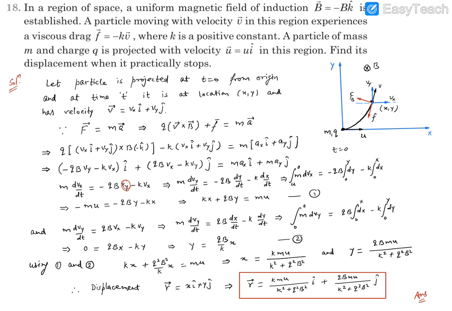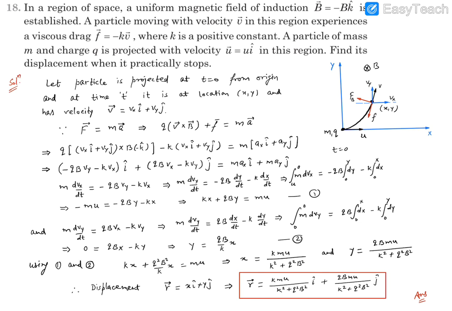Then you'll find dt can be cancelled out, and that becomes a differential equation, and then we can integrate both sides. When we integrate, we need to put the limits. The x direction velocity has to change from u to practically 0. The y component will run from 0 to y. The x component will run from 0 to x.